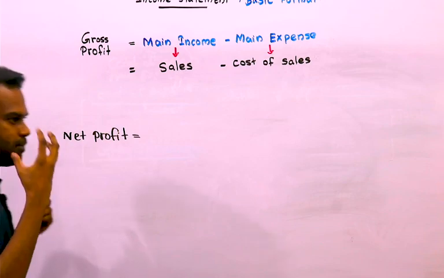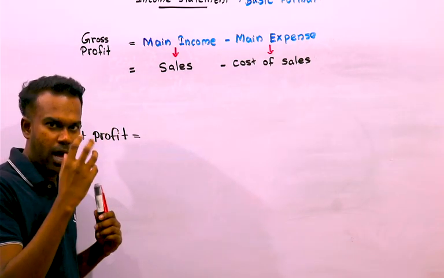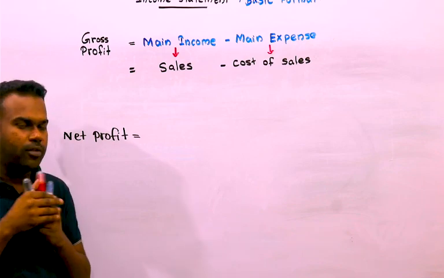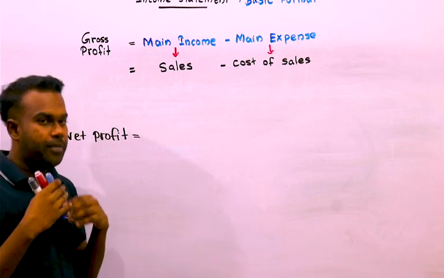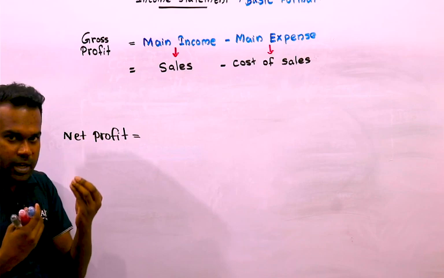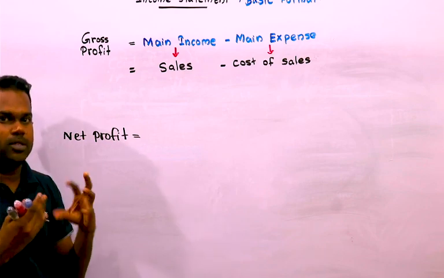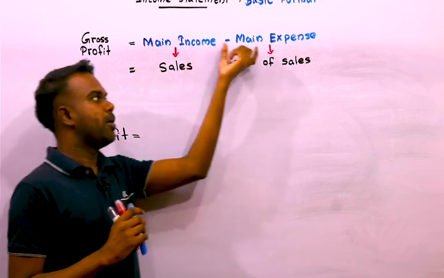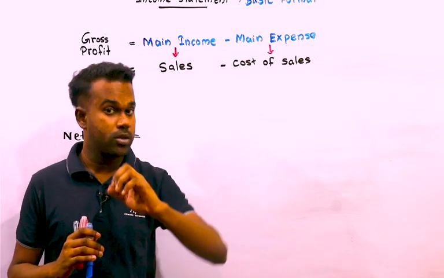Therefore, my gross profit means the basic profit. If you want to calculate basic profit, we have to consider what? Main incomes and also main expenses. Therefore, main incomes we call sales income, main expenses we call cost of sales.